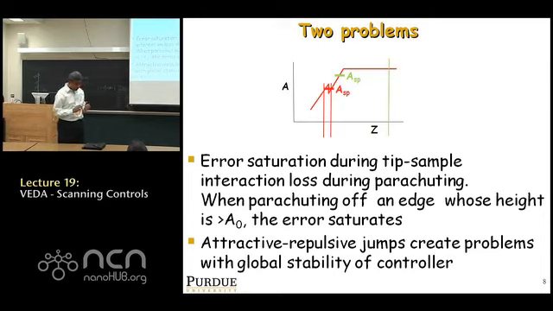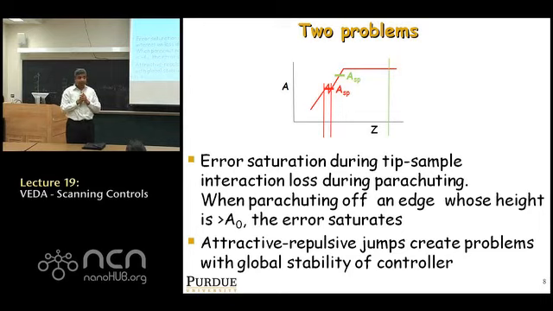We would like the error signal to increase linearly depending on how far you are from the sample, correct? So if I hit an object and for whatever reason my Z piezo is withdrawn quite a lot, if I'm very far from the surface, I want the error signal to be large also, so that the controller can then act on it and bring it close, right?